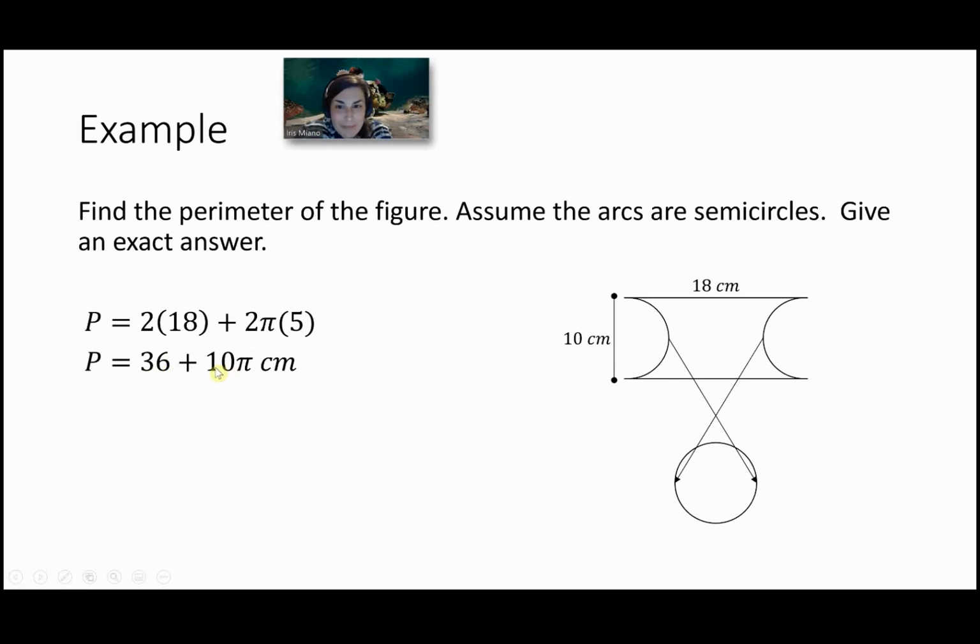Whereas this 10 pi, that's not a rational number. 10 times pi is going to be approximately 31.415926 forever and ever, going off in some patternless additional numbers. But it's not something that you can, if you're giving an exact answer, combine with this other term. So I have a rational term here and an irrational term.